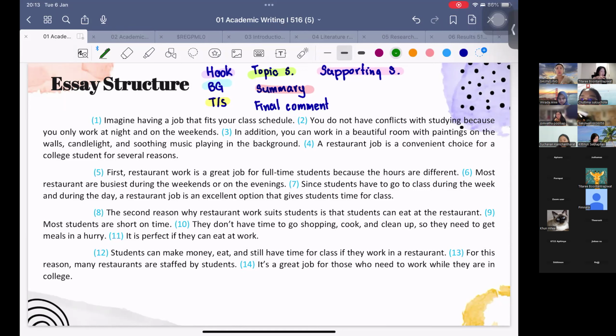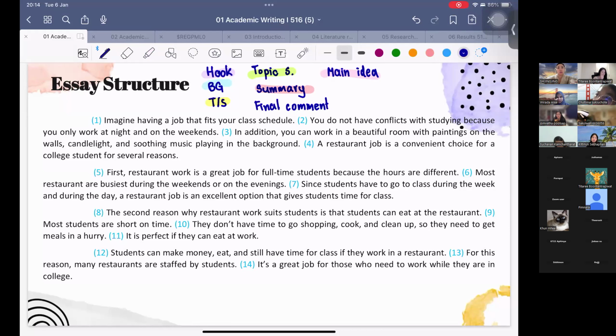And for the body paragraph, identify the topic sentence and main idea. The main idea is the thing being discussed in that paragraph.